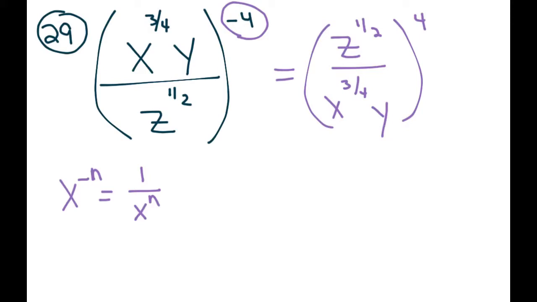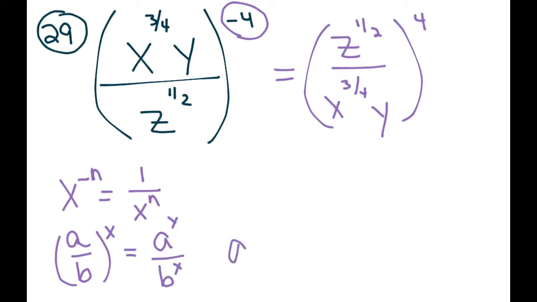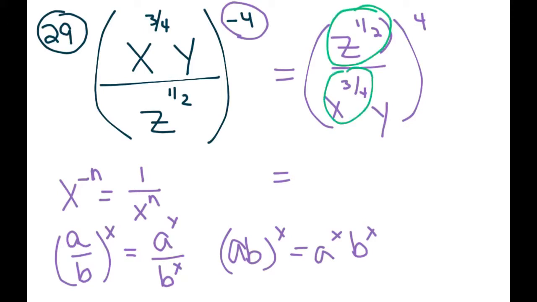Next, another property of exponents says that if you have an exponent on the outside of parentheses, you distribute it to everything inside the parentheses. And it doesn't matter if it's over division or over multiplication, or both occurring at the same time. So I'm actually going to raise this, this, and this all to the 4th power. Well, when I do that, how does that work?